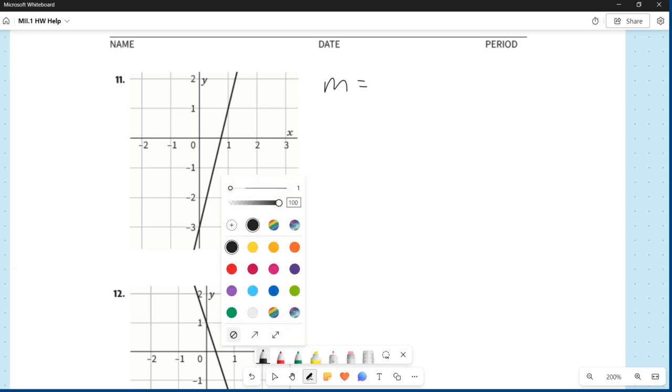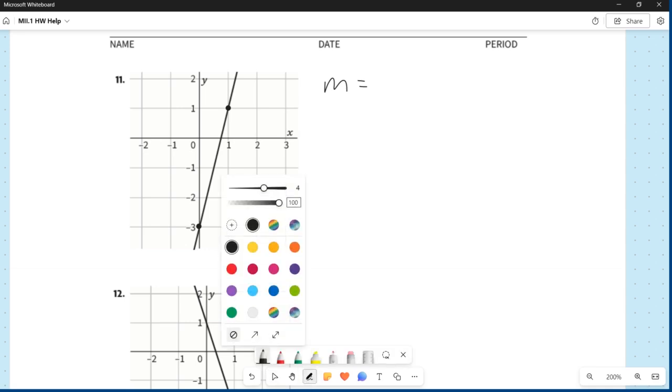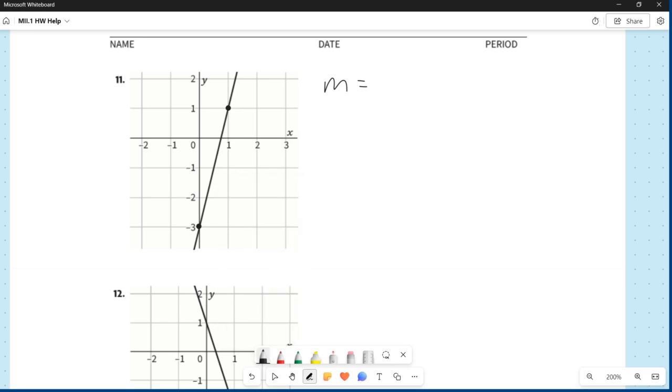So if I choose that point right there and that point right there, we are looking for my rise, which is going to be 1, 2, 3, 4, over my run, which is 1. 4 over 1 is 4. That is my rate of change.